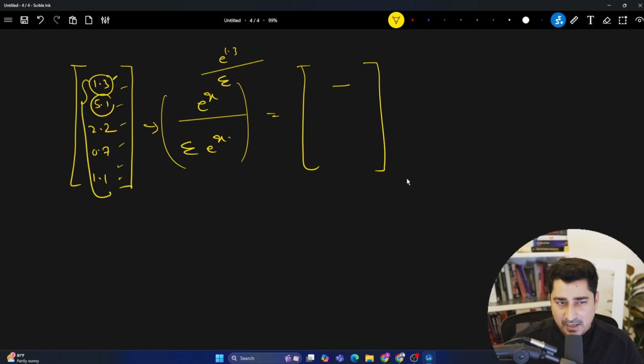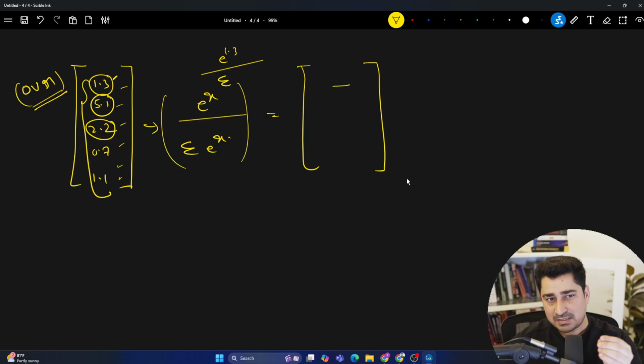Then for 5.1, e to the power 5.1 divided by the same summation, and for 2.2, e to the power 2.2 divided by all of this. This is called 1 versus rest. I'm trying to find the probability of one with respect to all, and then the same for each of the others.